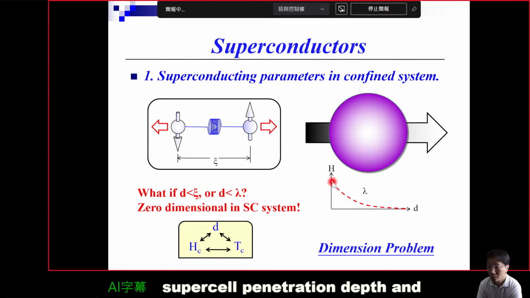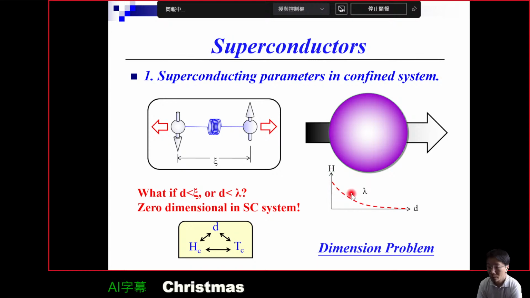When the magnetic field decreases to e^-1 of its strength, this distance or thickness we call lambda. Okay, so when we make a superconductor nanoparticle, if its diameter or size is less than the correlation length or penetration depth, will the superconductivity disappear due to the size effect?